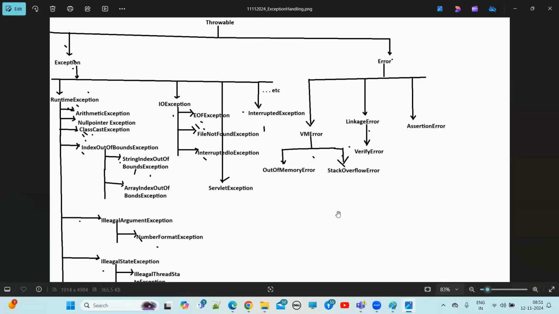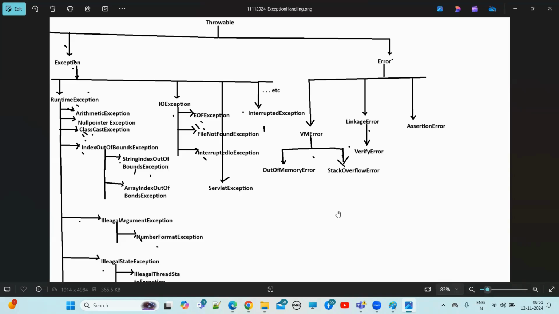Yes, there may be a chance of a bomb blast at the examination hall also, but the chance of it happening is very, very rare, very less. So such types of exceptions, no one will verify, no one will ask.